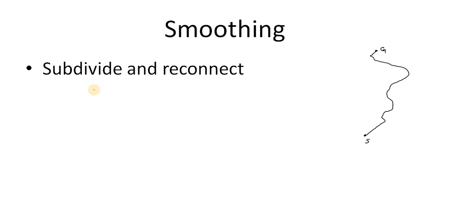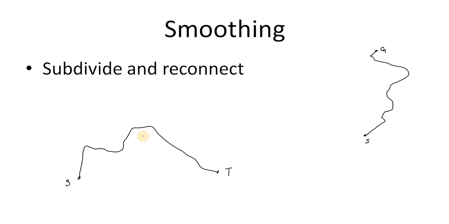How it works is, let's take a jerky path again. Let's say this is our start point, this is our target point.